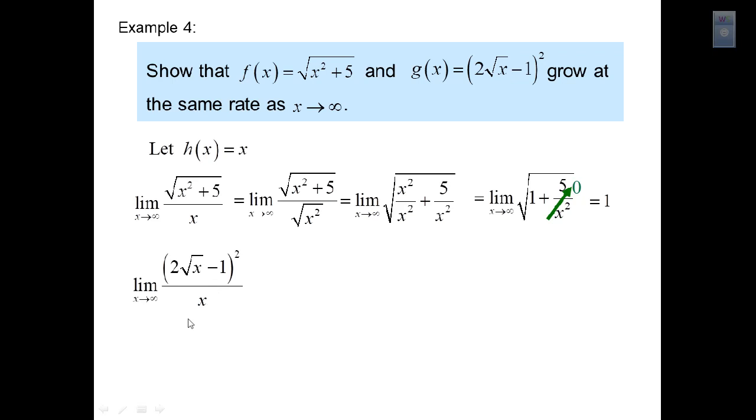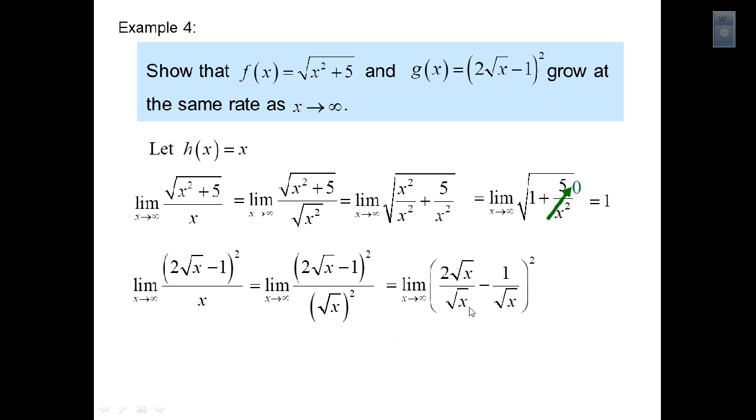All right, if we do the other one, we have 2 square roots of x minus 1 over x. Do similar to the same thing. We're going to express this x as the square root of x squared. Divide that into both parts. So we end up with 2 square roots of x over the square root of x, because since they're both raised to the second power, we can move this inside of that fraction there, minus 1 over the square root of x.